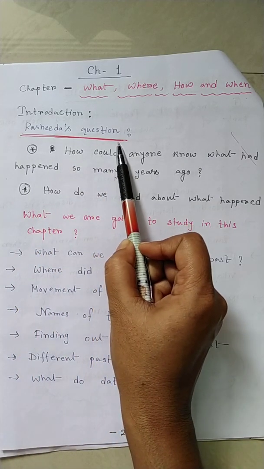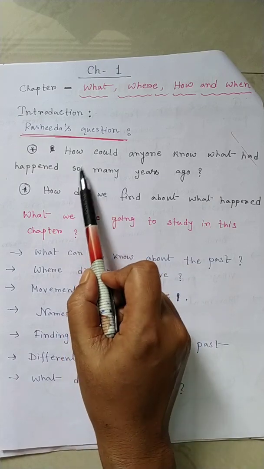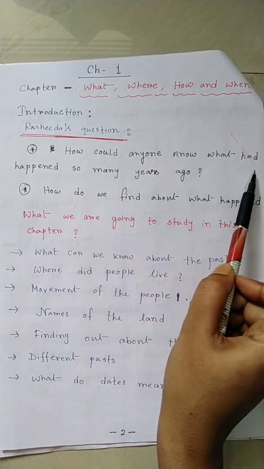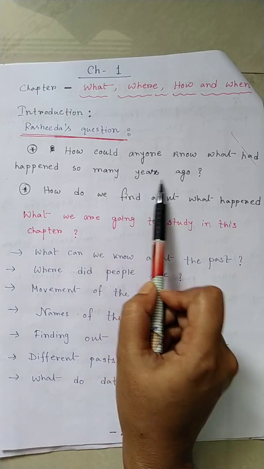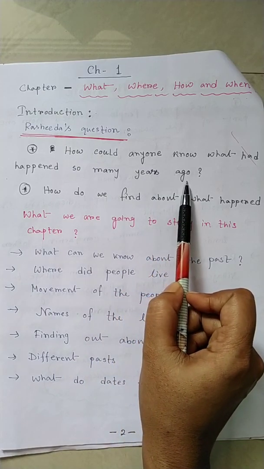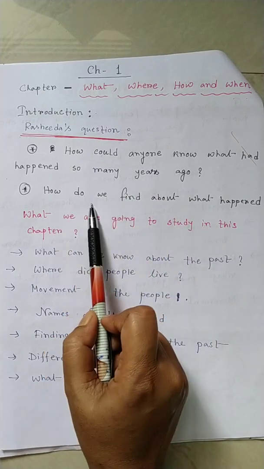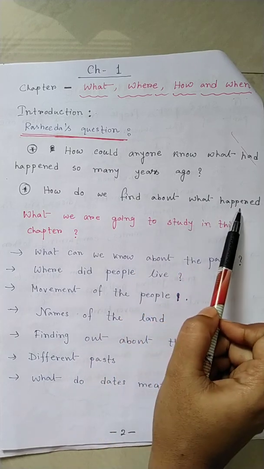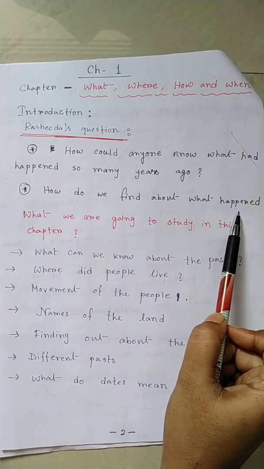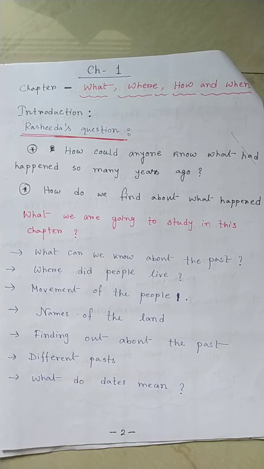What is her question? Her question is, how could anyone know what had happened so many years ago? Actually, she wants to know how we find out about what happened in our past. To give an answer to Rasida's question, we have to read and understand the chapter.